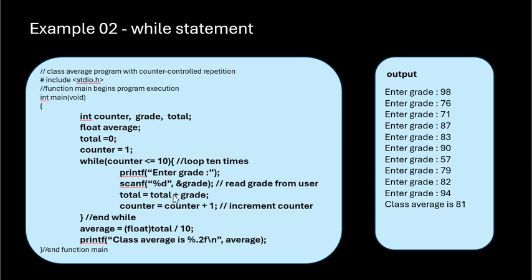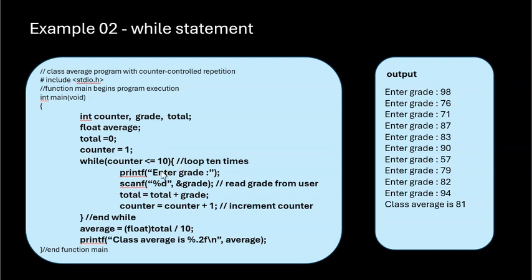Assume that the user entered 98 as the grade and we have 0 as the total. Then 0 plus 98, so the total is updated to 98. Then we increase the counter by 1. Then again we go up and now the count is 2. We check whether the count is less than or equal to 10.